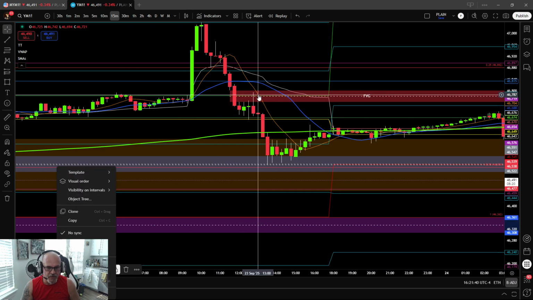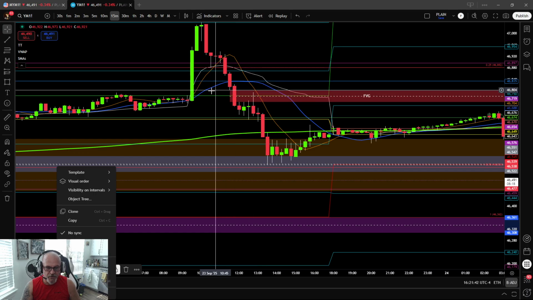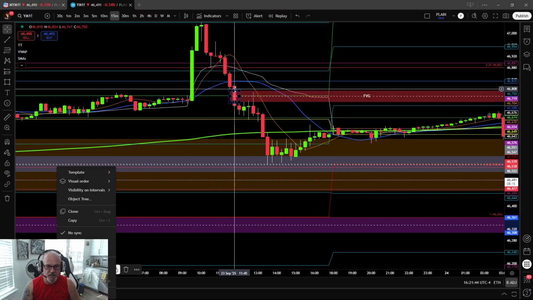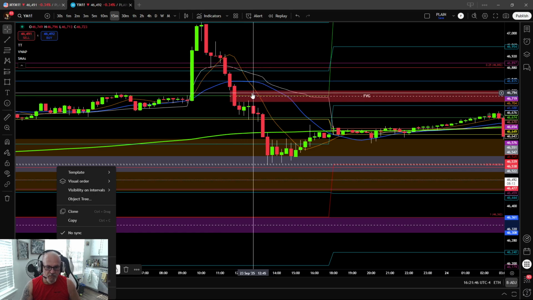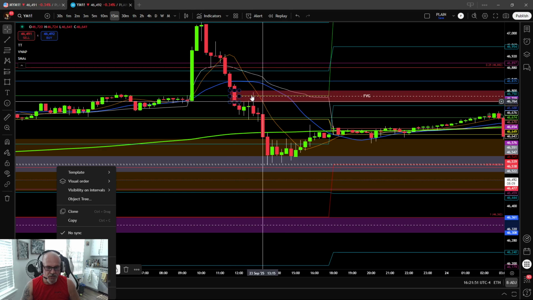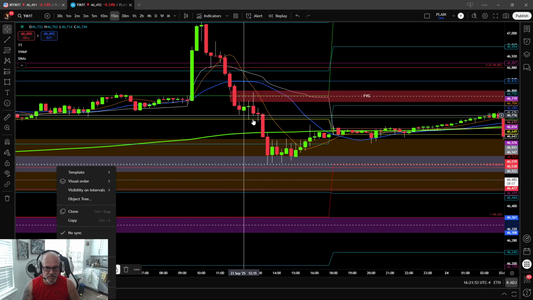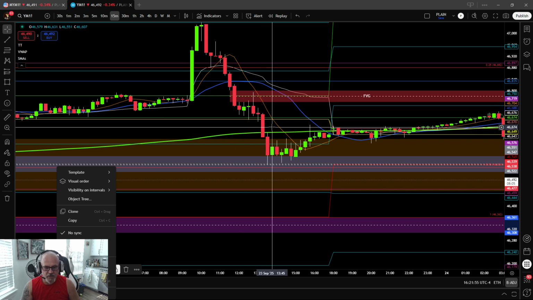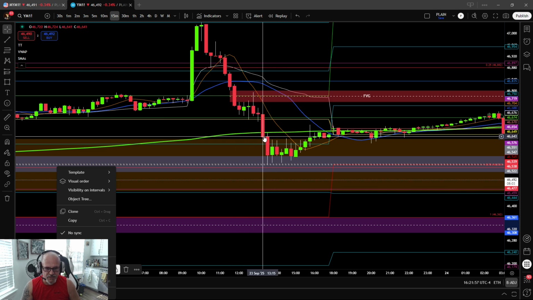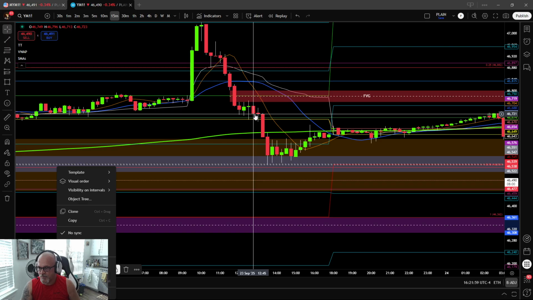There's a daily pivot point there. You fair value gapped through the pivot point, which shows strength. It came back up, could not break above the fair value gap, and then closed back below. You could have traded anywhere in this area right here for a good trade back down to the 200.